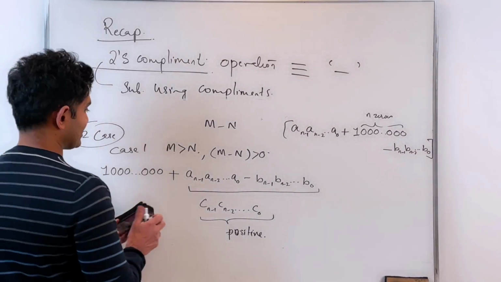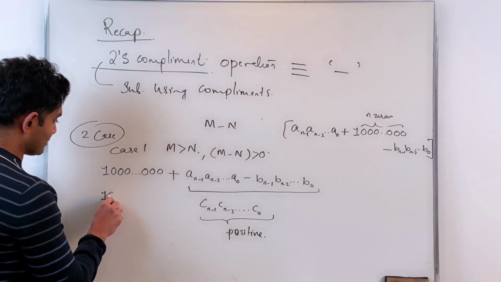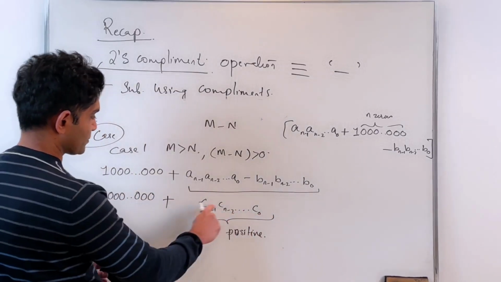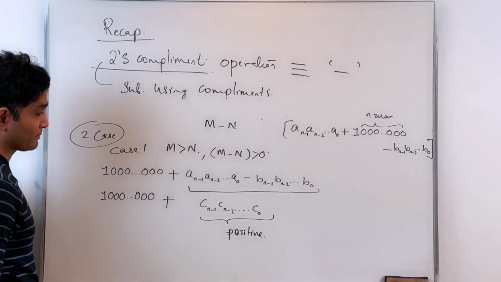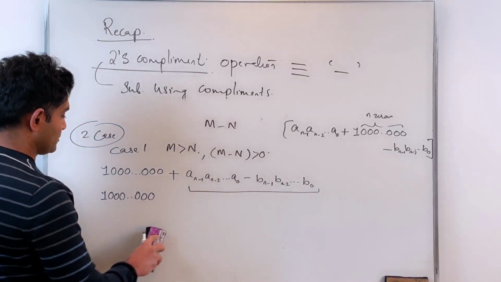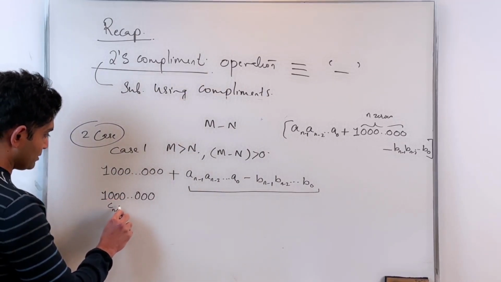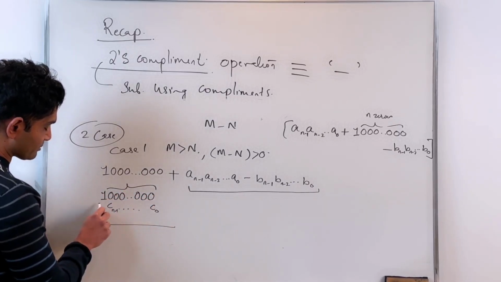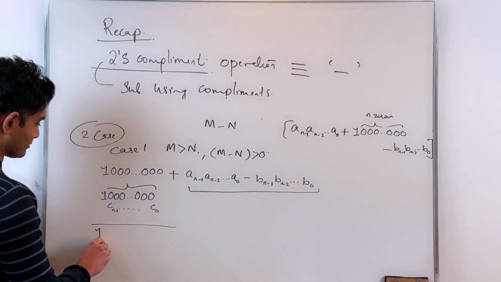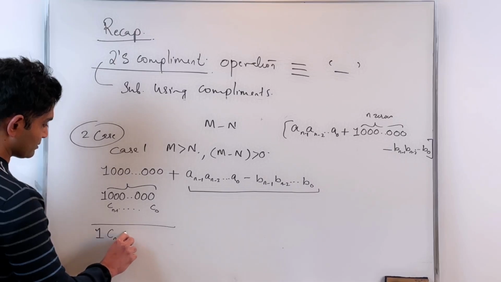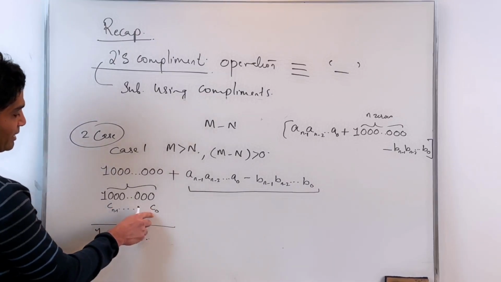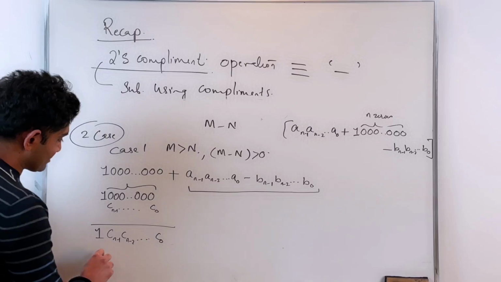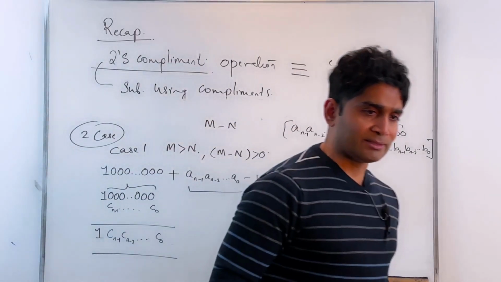So in other words, what I get is 1 followed by n zeros plus this quantity, whatever that is. That's n digits long, n bits long. Or in other words, I would be adding cn minus 1, and so on, c0, to n zeros. That's an n bit long number. The result will be 1, cn minus 1, cn minus 2, because for each bit I'm basically adding 0, the same number comes out. Now what is the answer that I want in this case?